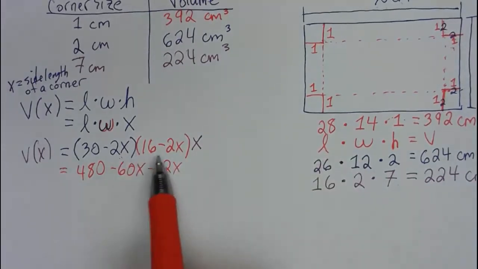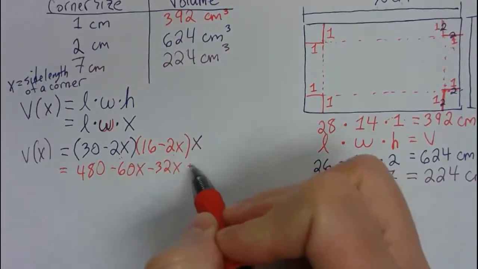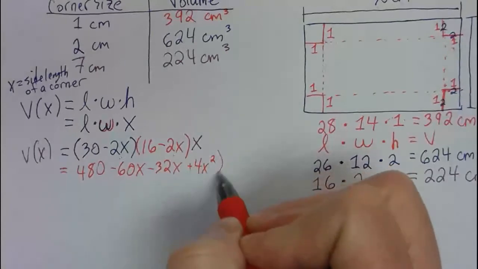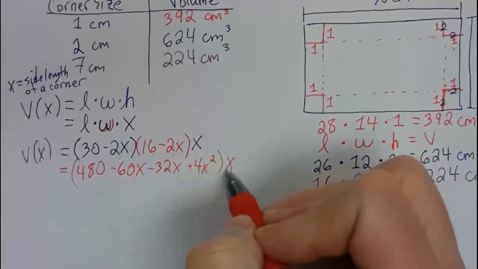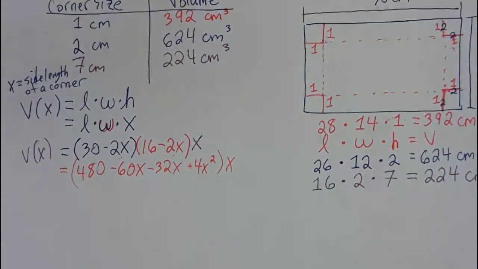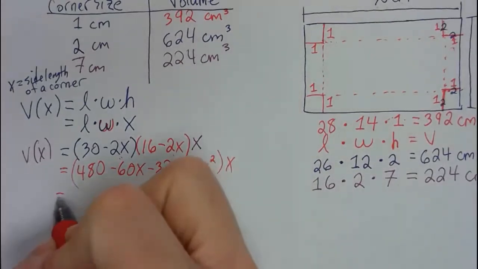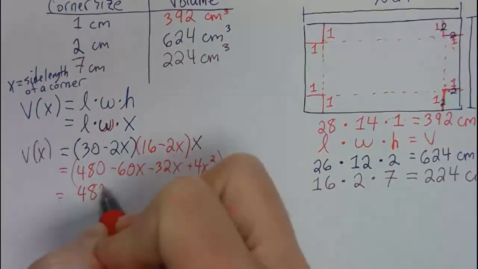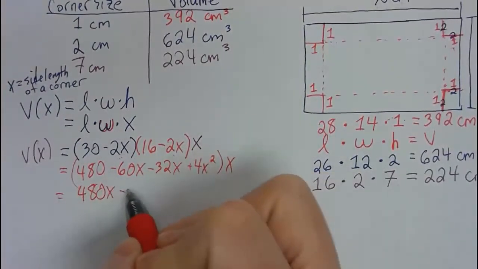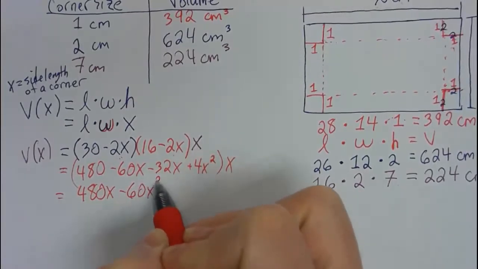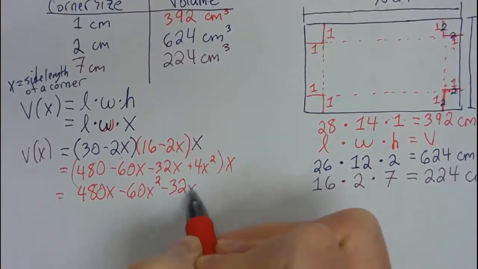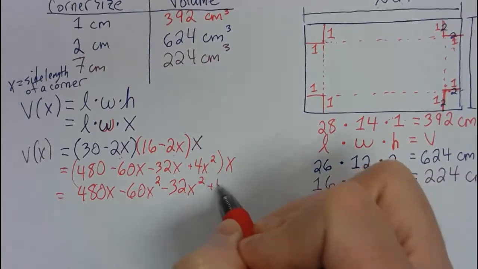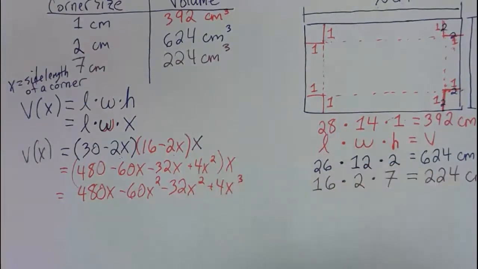And negative 2x times itself is 4x squared. And then all of that is being multiplied by another x value. So x times all of that would give us 480x minus 60x squared minus 32x squared plus 4x cubed.